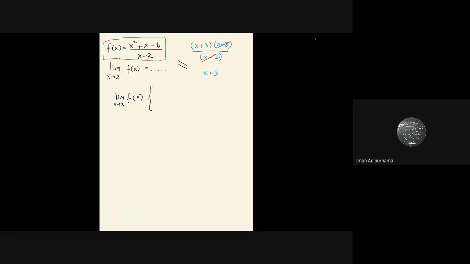So this will be x squared plus x minus 6 over x minus 2, x is not equal to 2. Or it's easier to say it is undefined when x equals 2. And it will be x plus 3, but x is not equal to 2. At least there are some conditions. So these are different functions.